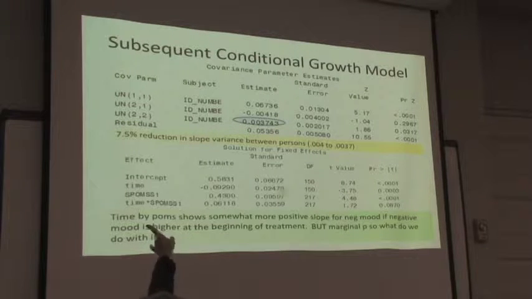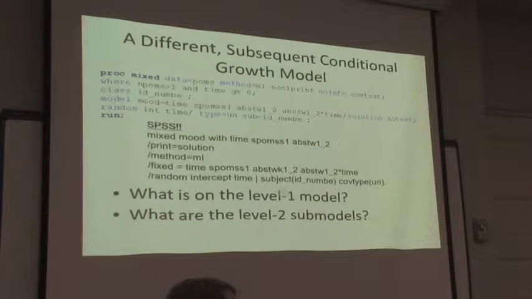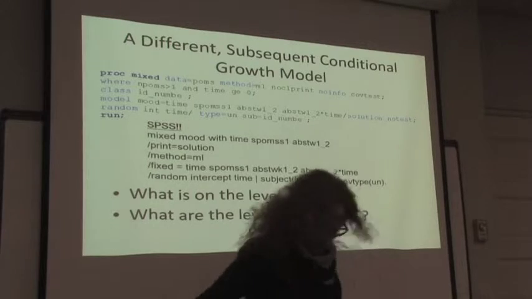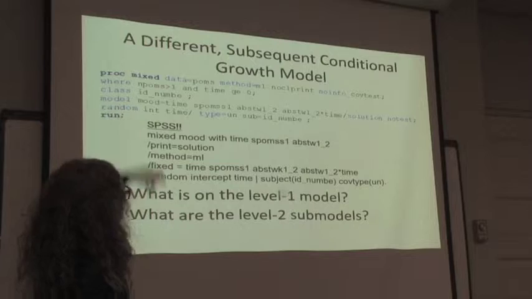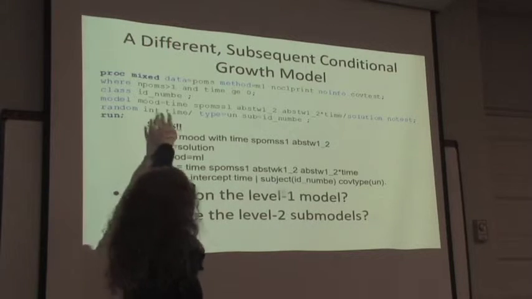Just the time by negative mood interaction gets dropped, and the negative mood main effect gets kept, right? So covarying baseline negative mood stays, interaction effect gets dropped. Then what happened is, this is Chris Kaler, by the way. So, yeah, not my fault. No, I'm kidding.